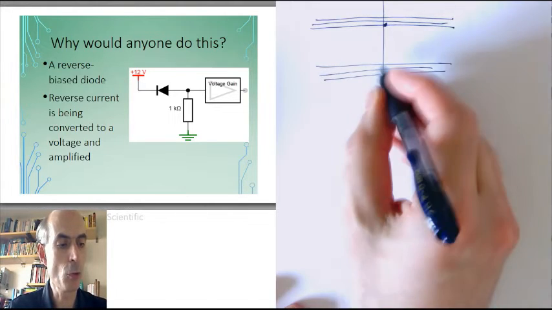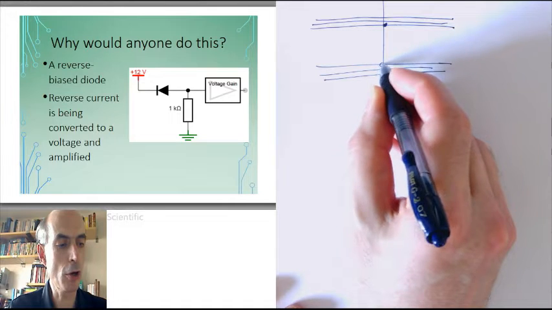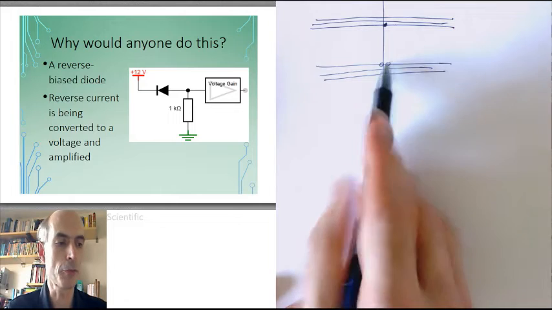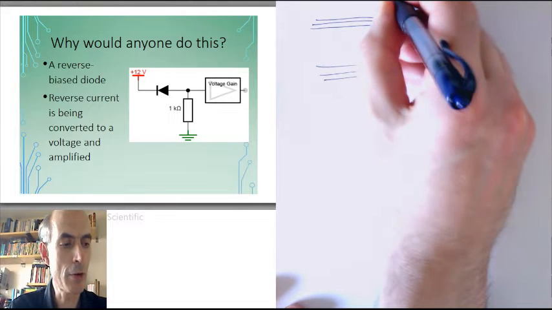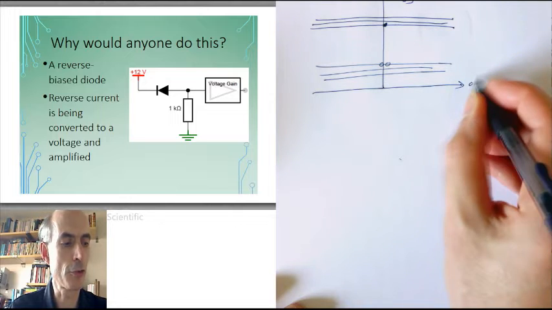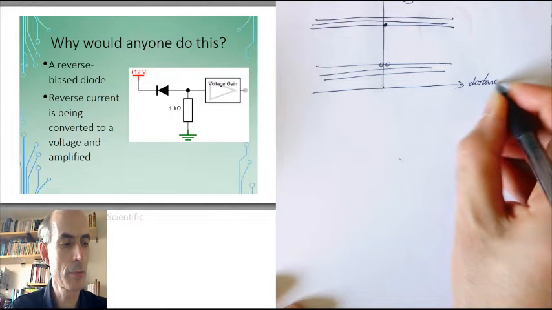And there'd be a small number of holes, vacant states, down in the top of the valence band. This is energy. This would be kind of distance through the diode.